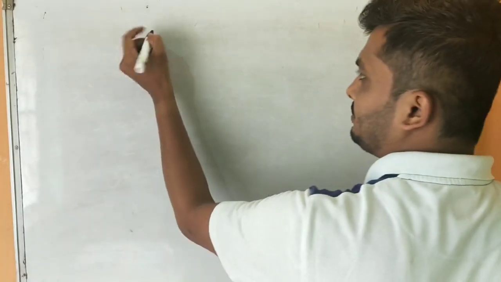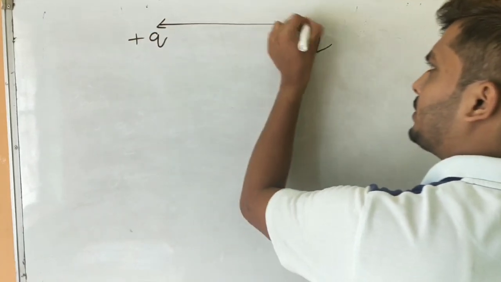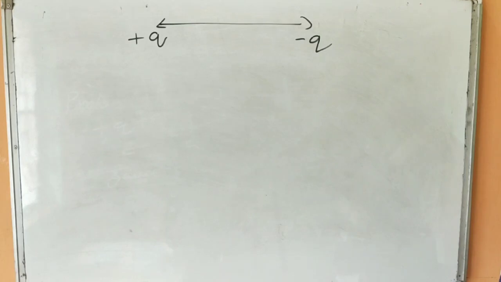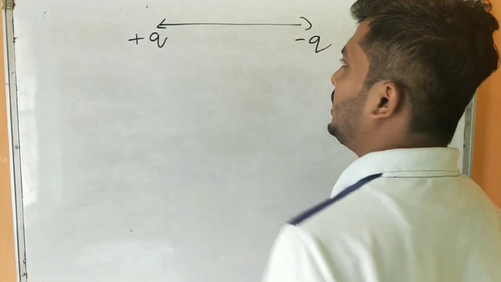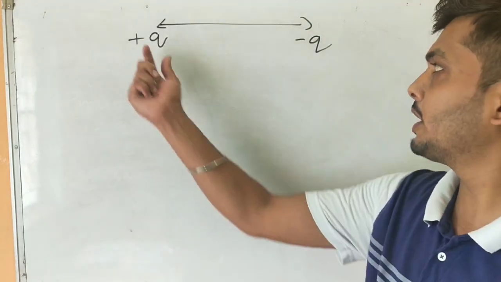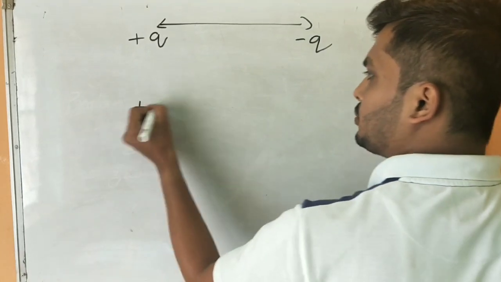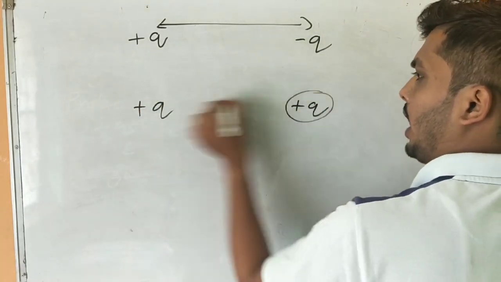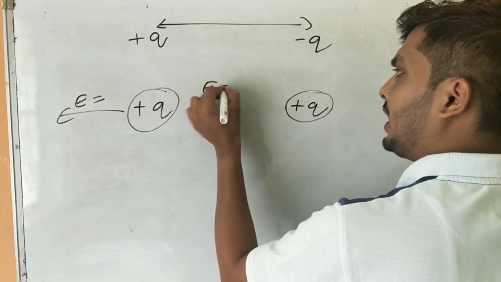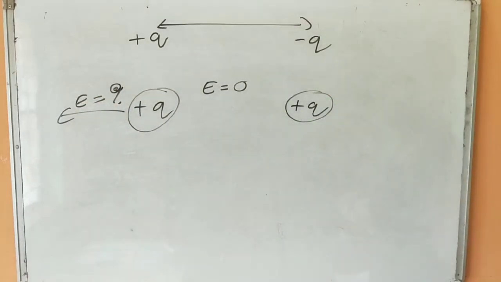Also you should know that if I have plus Q and minus Q, then the electric field inside will be of a certain magnitude, but outside it will be 0, because plus will be attracted towards minus. So if I have the same charges, plus Q and plus Q, then the electric field inside will be 0 and outside it will have a certain magnitude. Clear? Are you understanding?